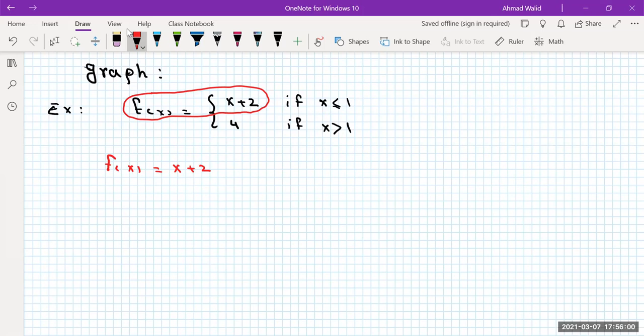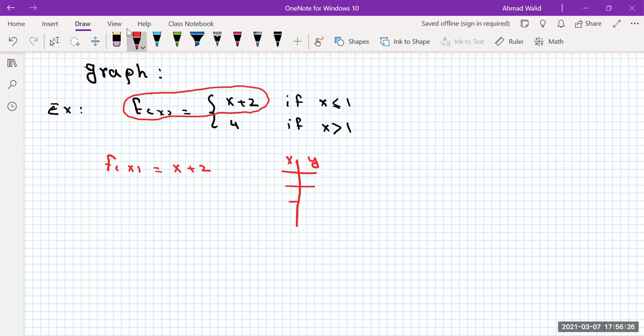My recommendation is to graph piecewise defined functions using a table, and I'll explain why. Immediately choose a table of values for this function, x and y.